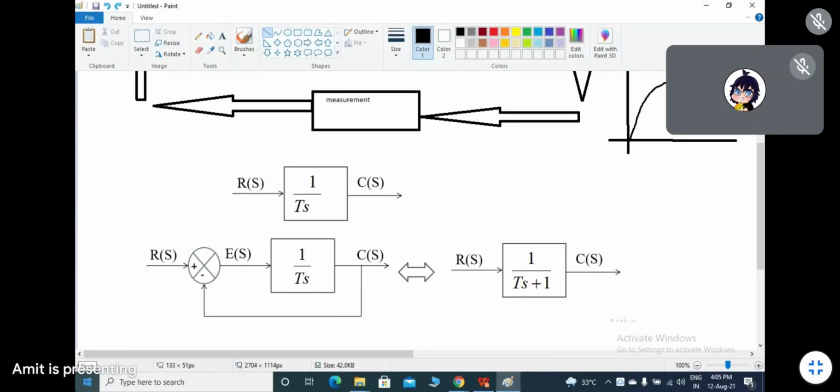It is very easy to write. First tell me, what is the standard formula for a closed loop control system when your forward path gain is G(s) and the feedback path is H(s)?